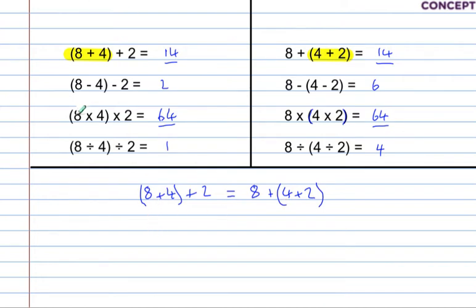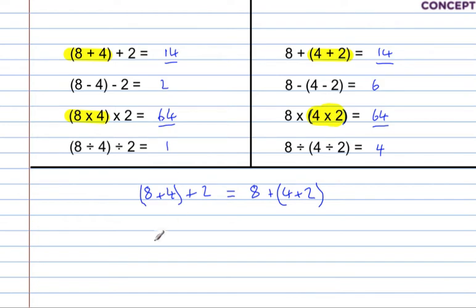Likewise, for multiplication, 8 times 4 is 32, and 32 by 2 is 64. Over here, if we do the 4 times 2 first, 4 times 2 is 8, and then multiply it by this 8, 8 times 8 is 64.